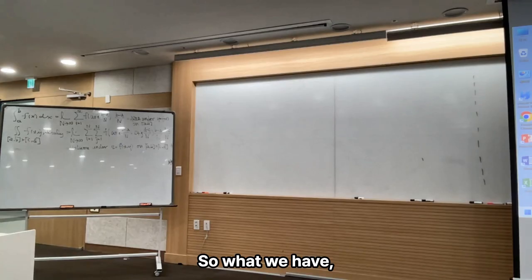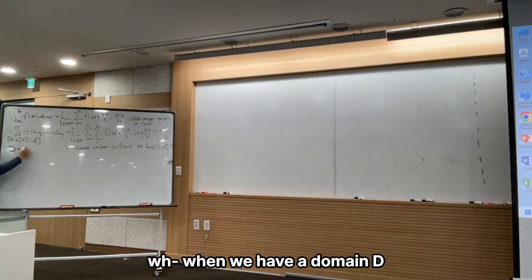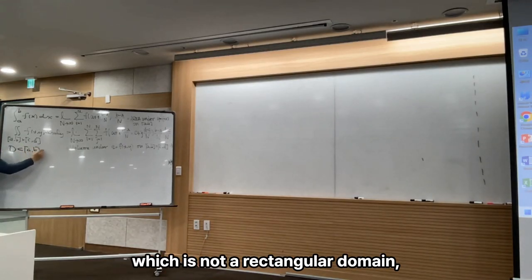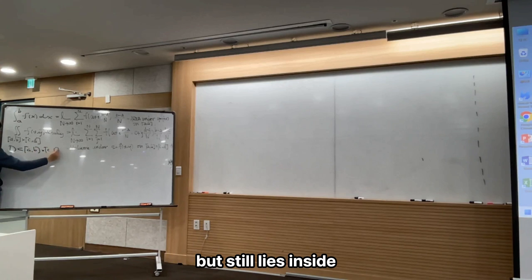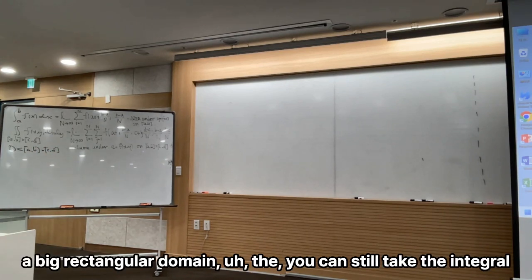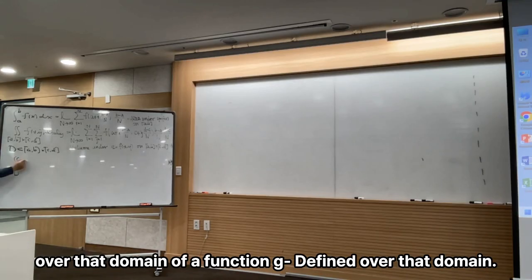When we have a domain D which is not rectangular, but still lies inside a big rectangular domain, you can still take the integral over that domain of a function defined over it.